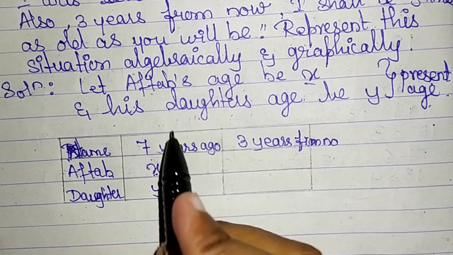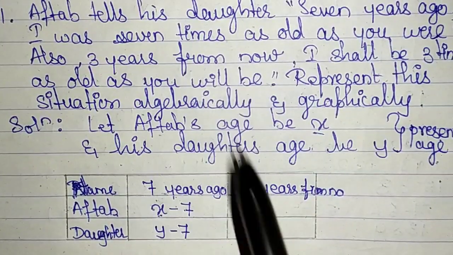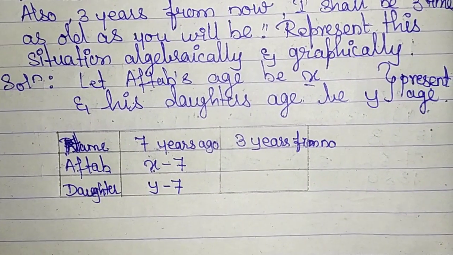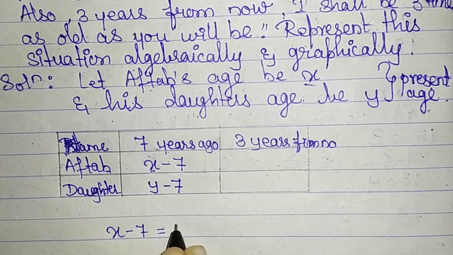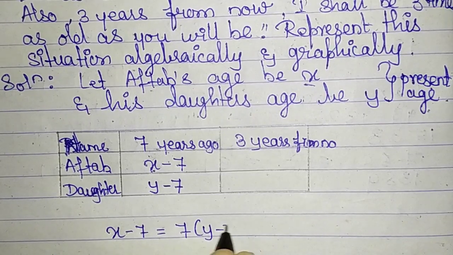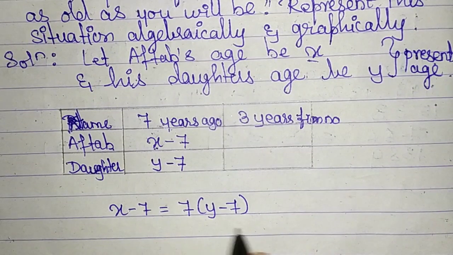And he says that 7 years ago I was 7 times as old as you. That means x minus 7 is equal to 7 times y minus 7. This is the first equation.